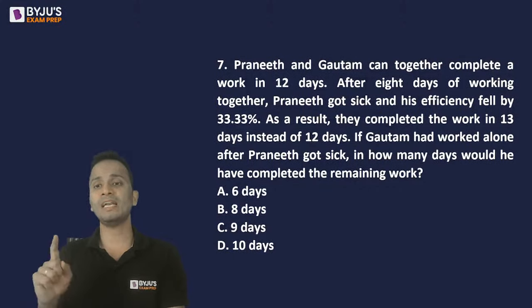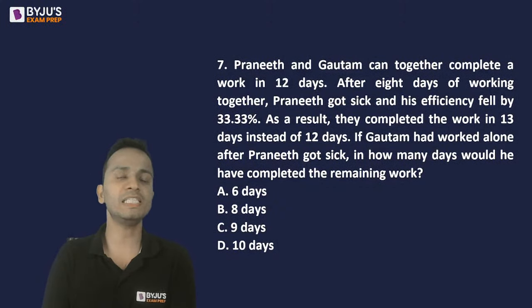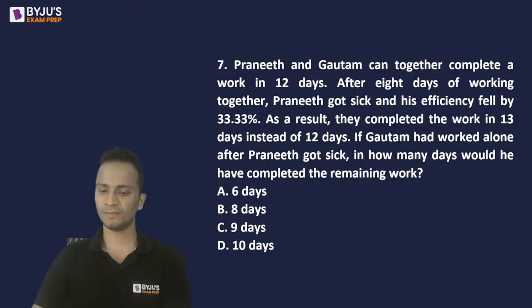Now, if Gautam had worked alone after Praneeth got sick, in how many days would he have completed the remaining work? Once again, a very simple question, but a good question.